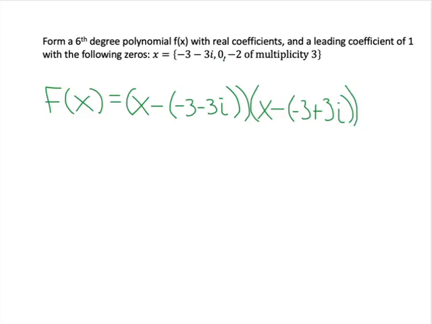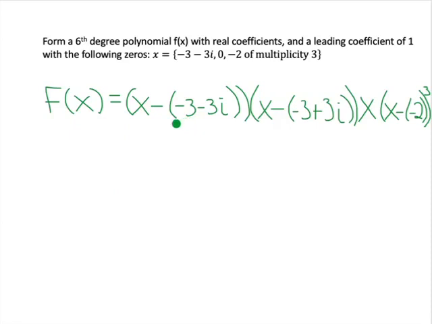And then we have a 0 as one of our zeros. That means one of our factors must be x. And then -2 is one of our zeros, and it has a multiplicity of 3. So then the factor associated with that, which is x minus -2, that's going to have a power of 3.